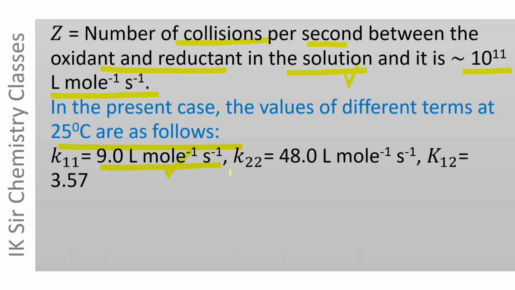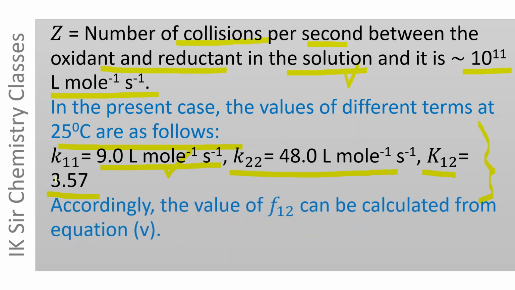The velocity constant for electron self exchange reaction 2 is 48 liter per mole per second, and the equilibrium constant for the cross reaction is 3.57, and all these values have been calculated experimentally. Accordingly, the value of F12 can be calculated from equation 5 as follows.